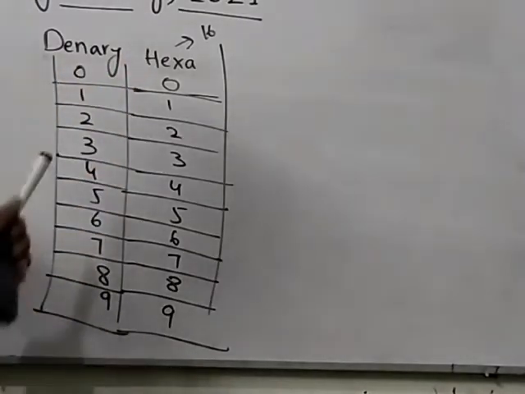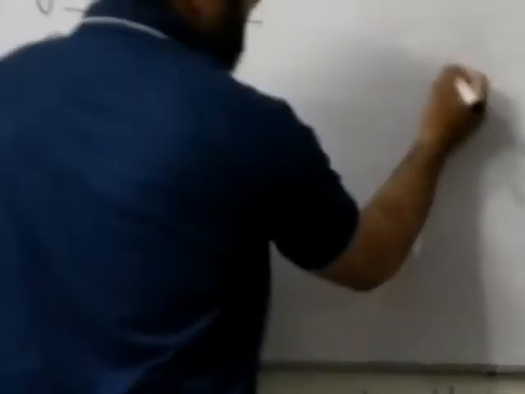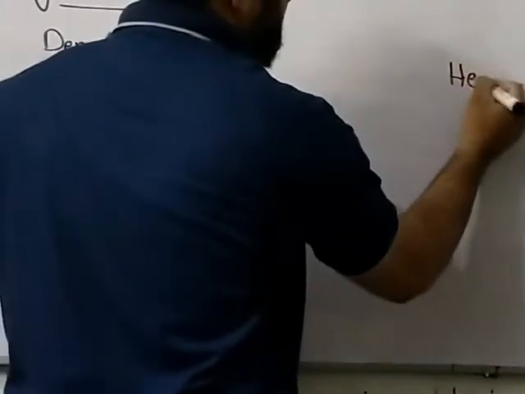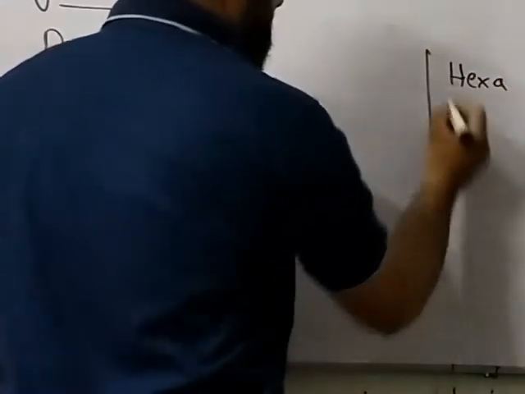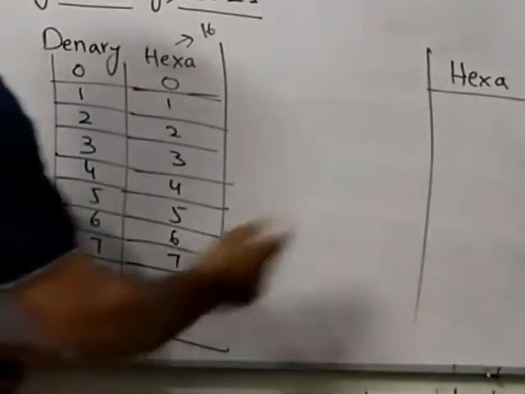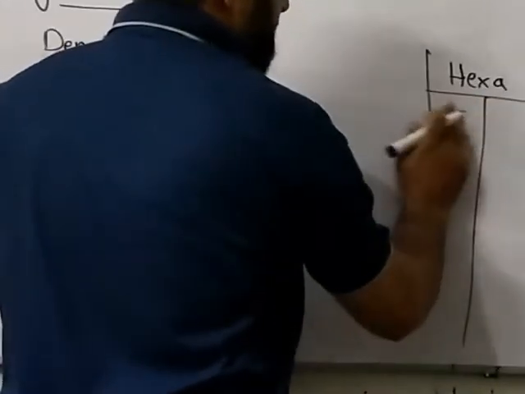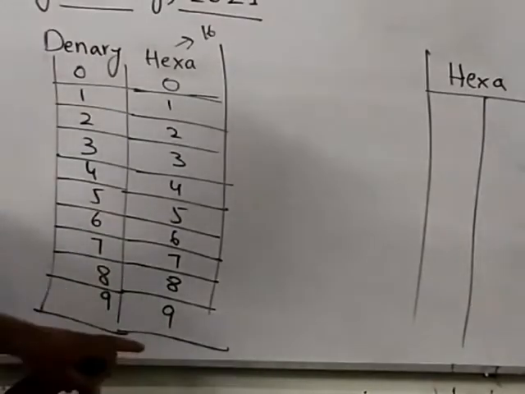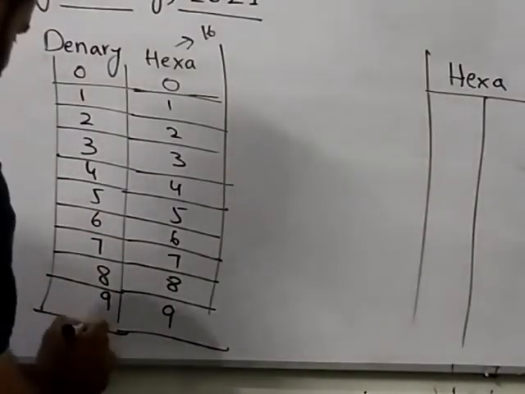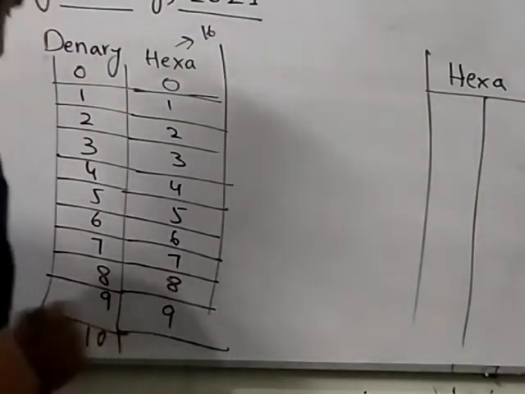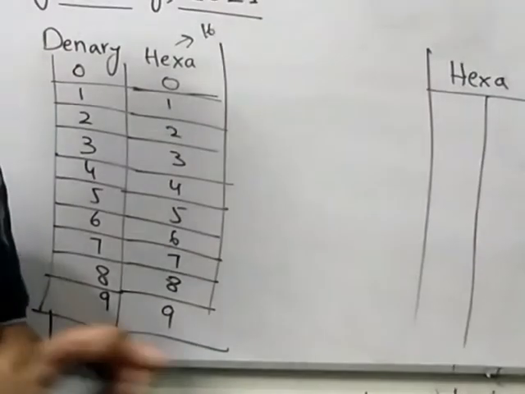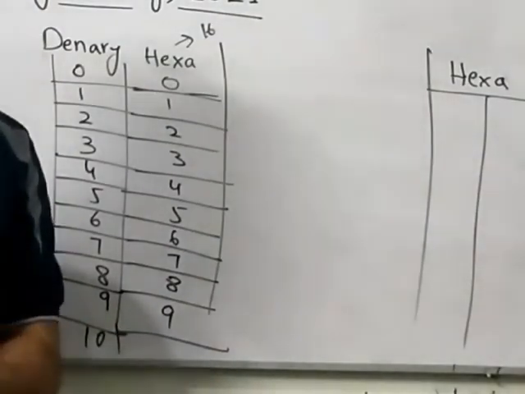What should I write now? I am going to write it over here, the hexa values. After 9, 10 will appear: 10, 11, 12, 13, 14, 15, till 15.